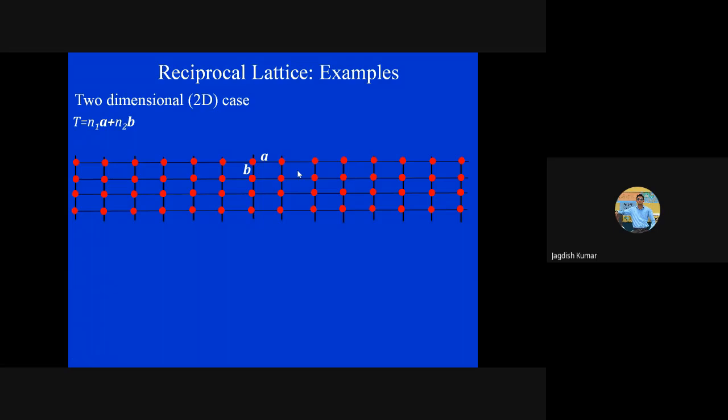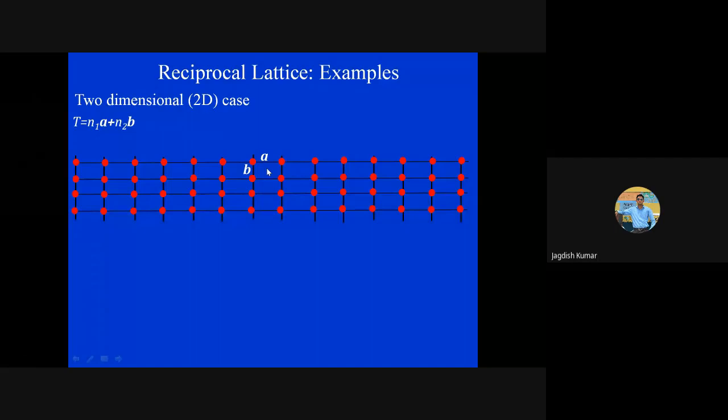The other way of looking at it is that if you sit at any point in this periodic structure, not only on the lattice point, and do a translation by this amount, you will be going to some other point which will be exactly the same. For example, suppose I'm here in the midpoint of this cell.